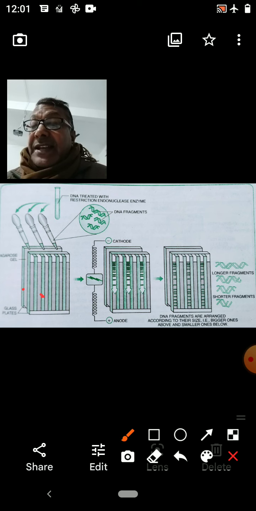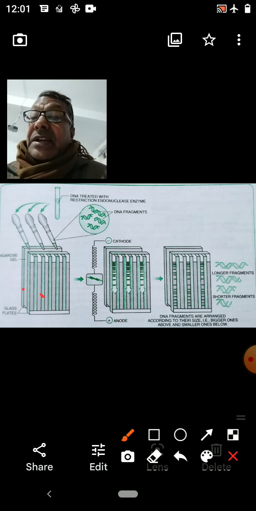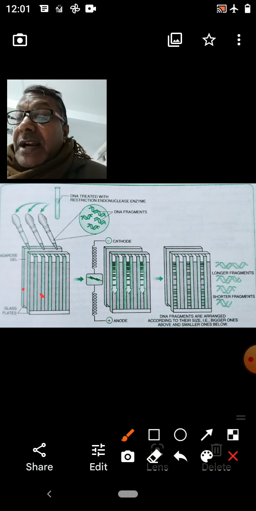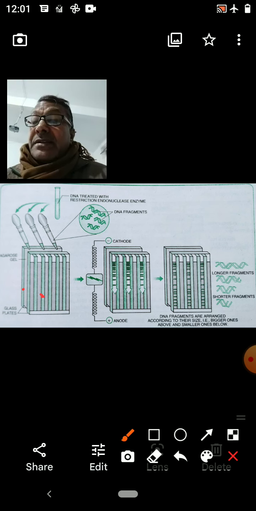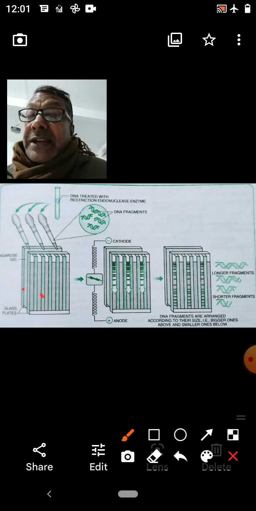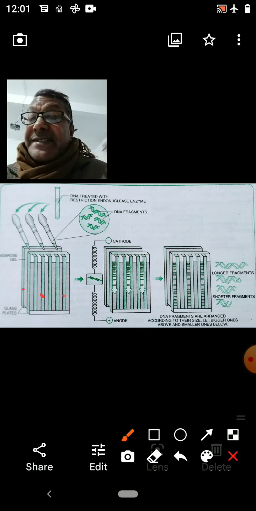By the action of restriction endonuclease enzymes, the genomic DNA is cut into many DNA fragments of different sizes.